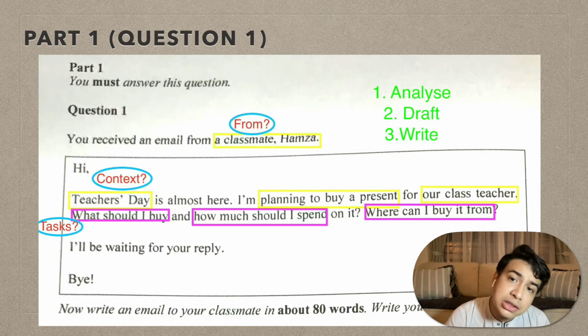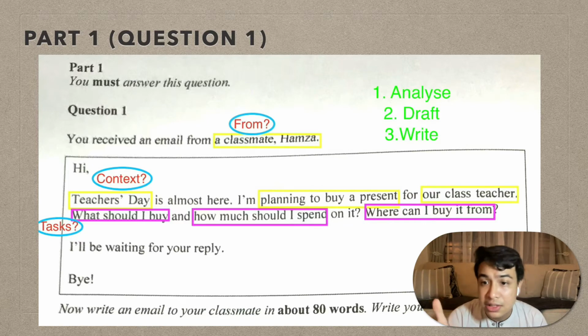Okay, the first two steps are crucial, very important. Why? Because by analyzing the question, you get to know the requirements of the question, what the question needs, okay? And also in order for you not to misinterpret the question, okay? So really important to analyze, okay?